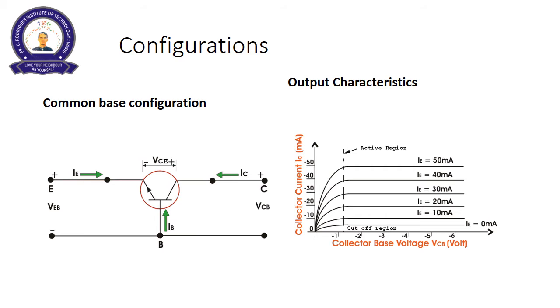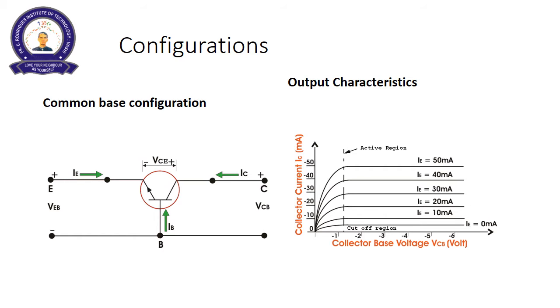While plotting the output characteristics, we apply voltage to the input side to keep the input current constant at the respective parameters shown in the graph, that is IE equal to 10 milliamperes, 20 milliamperes, 30 milliamperes, 40 milliamperes respectively. That can be maintained constant by keeping the voltage VEB between the base and emitter constant.